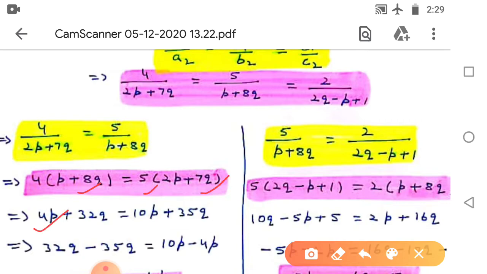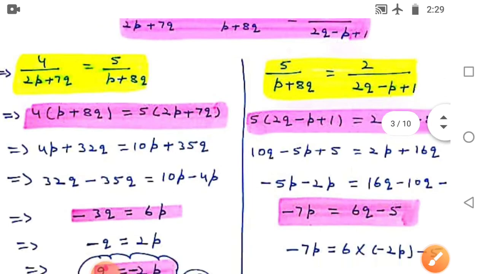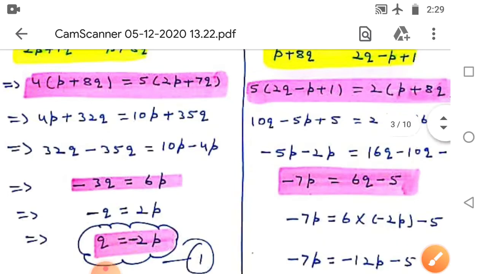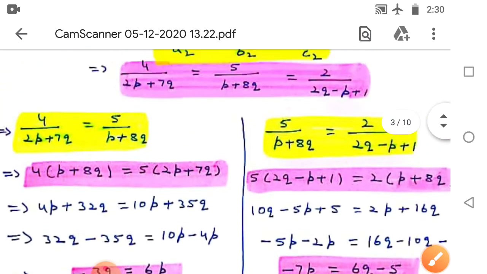So it becomes 4p plus 32q is equal to 10p plus 35q, right? And finally we get the value of q in terms of p, that is q is equal to minus 2p. So this is the relation after solving the first two equalities, right?